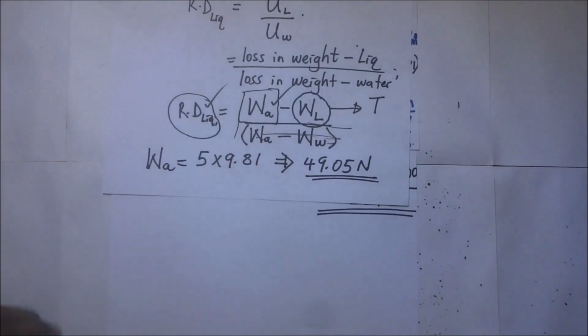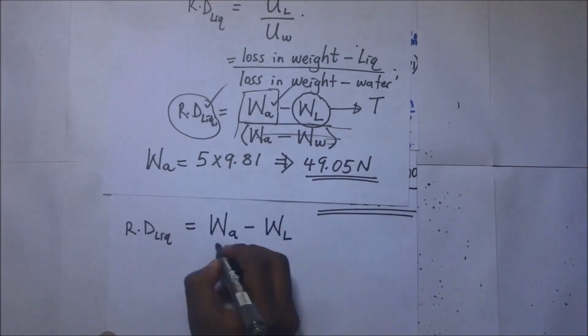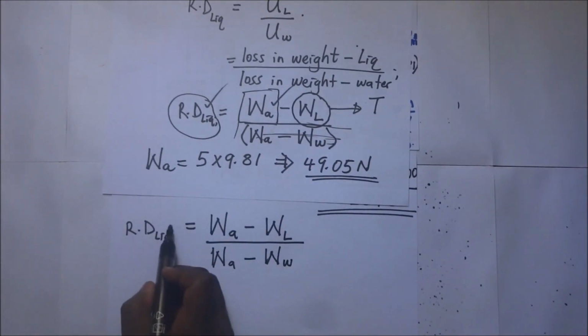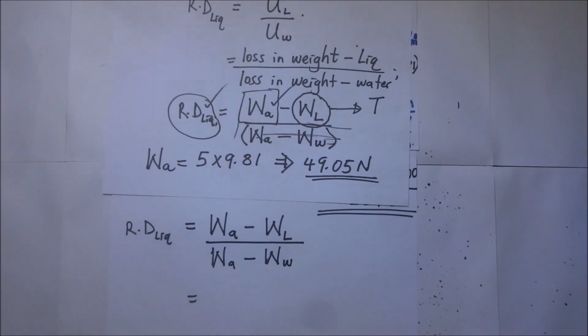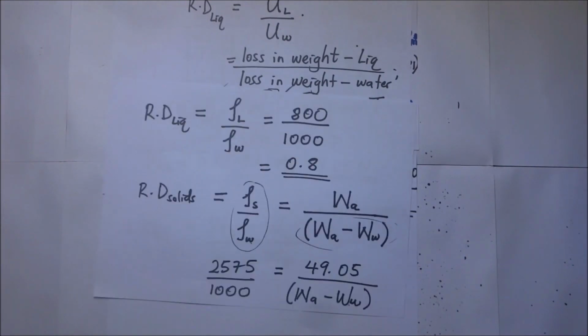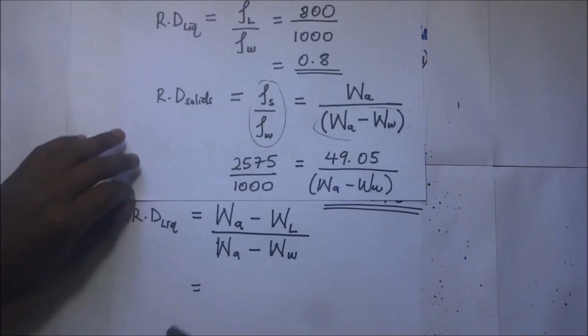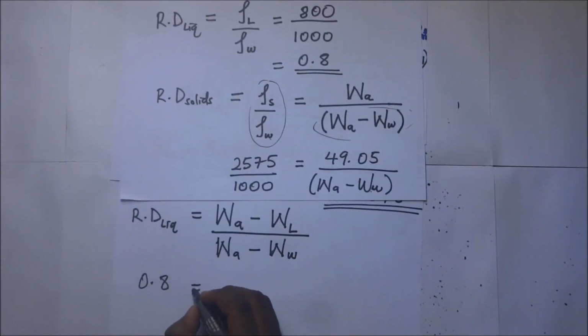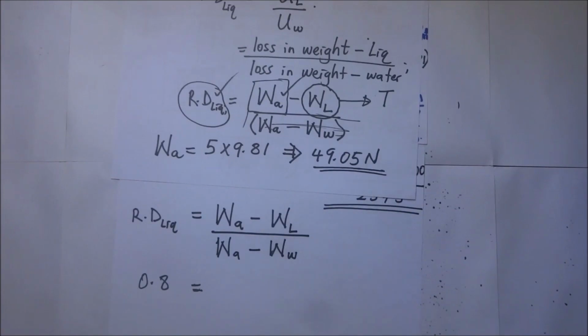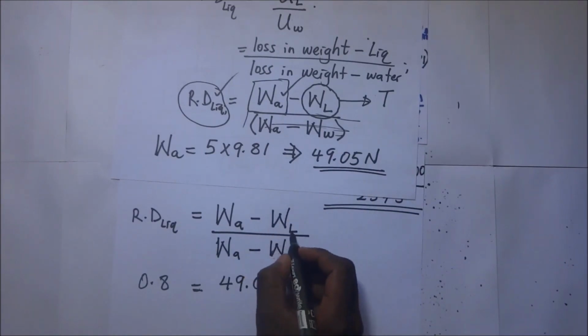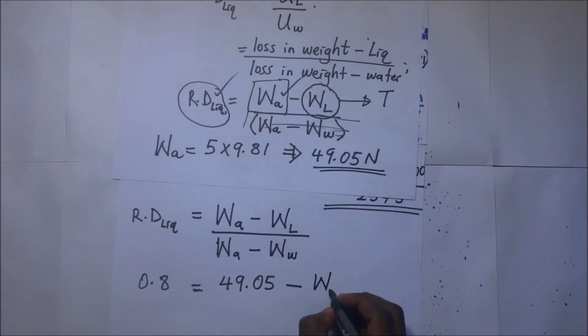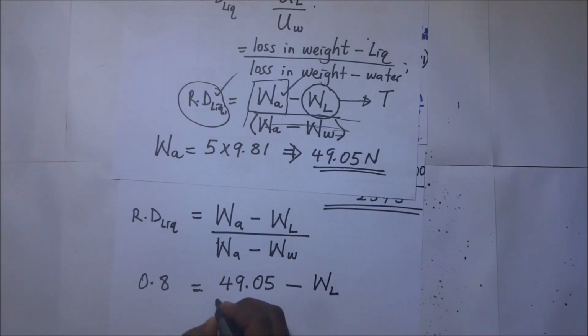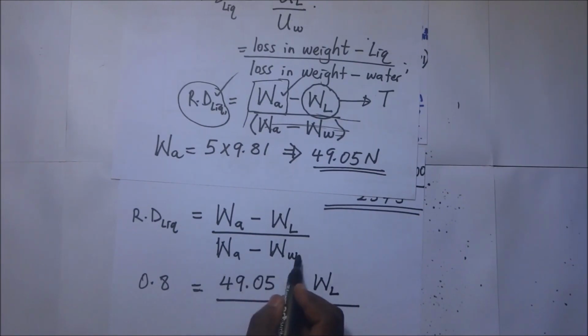Now that we've got the expression here, we go back to our original expression. Let me write it here. We already got our relative density of the liquid as 0.8. So 0.8 is equal to the weight of the solid substance in air, which is 49.05 newtons, minus the weight of the solid substance when it's dipped in the liquid, divided by WA minus WW.